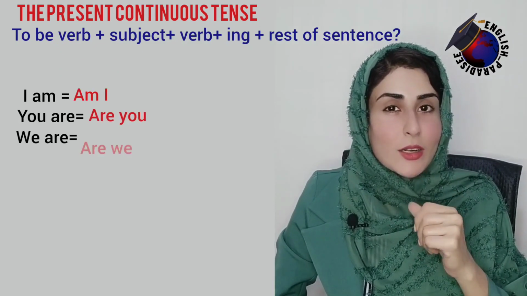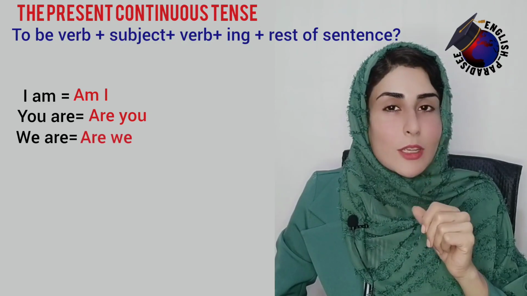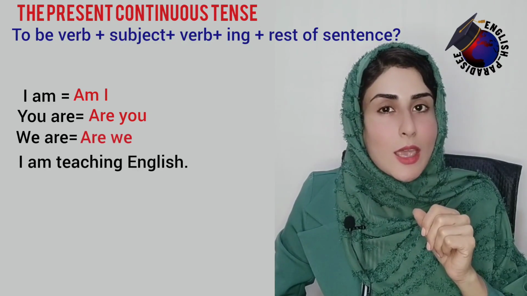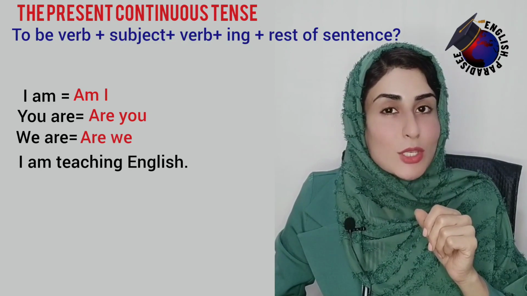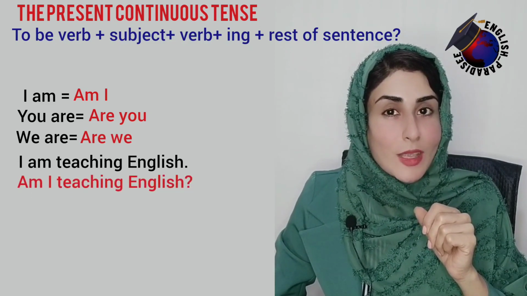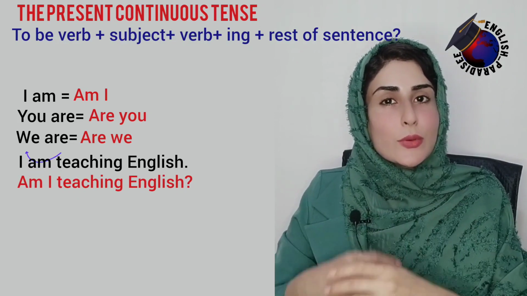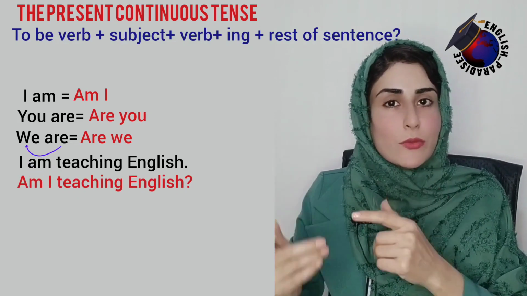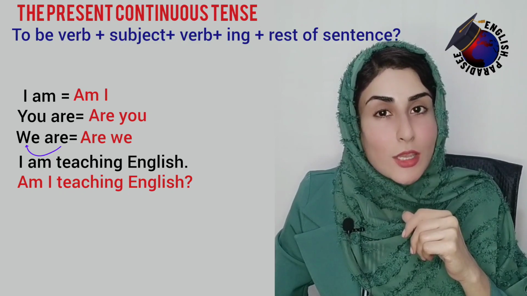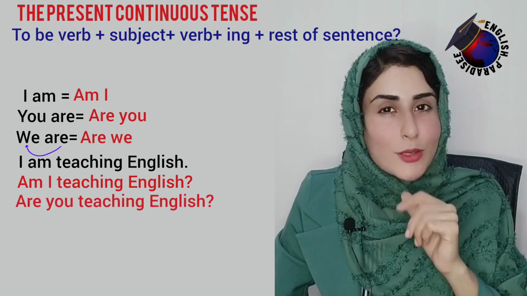We are becomes are we? Okay? For example, in the sentence, I am teaching English. Am I teaching English? Okay, just swap the subject and the to be verb. Am I teaching English? Are you teaching English?